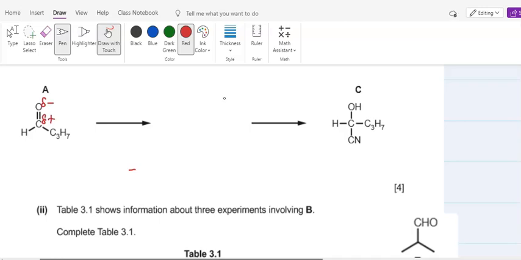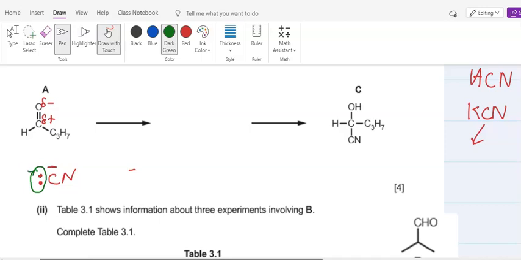Where is the nucleophile? The nucleophile is CN minus with a lone pair of electrons. This CN comes from KCN and HCN. KCN is an ionic compound, so it quickly ionizes to K+ and CN minus. Now the direction of curly arrows: a very important thing to remember is that curly arrows always show the movement of a pair of electrons.